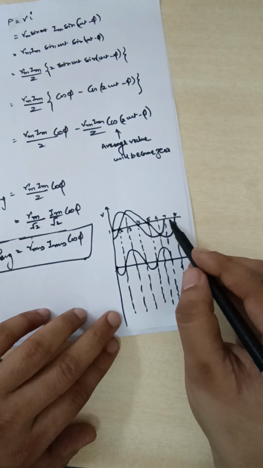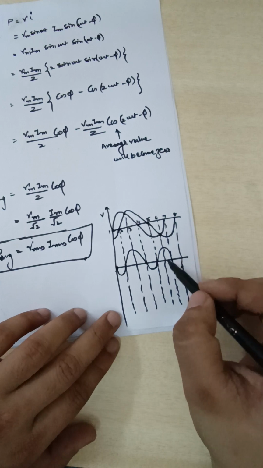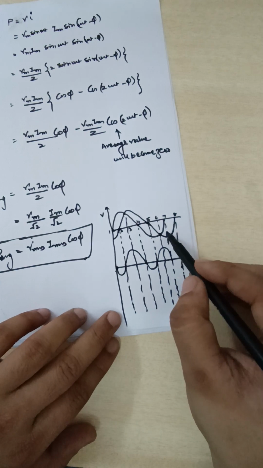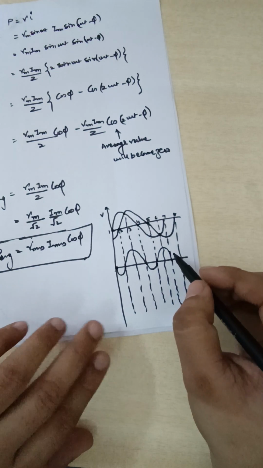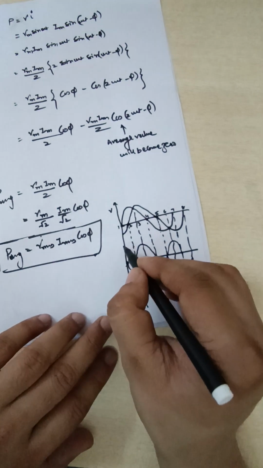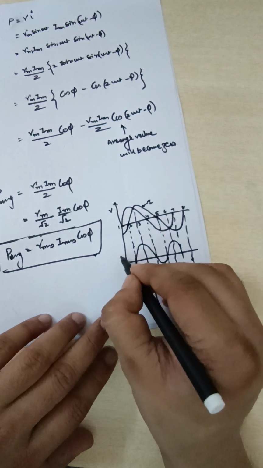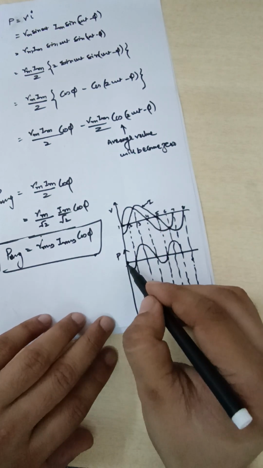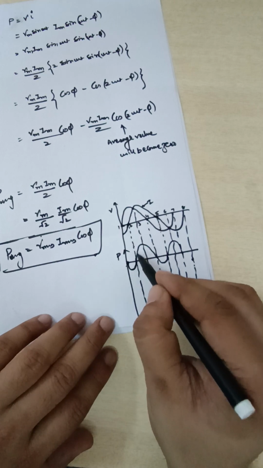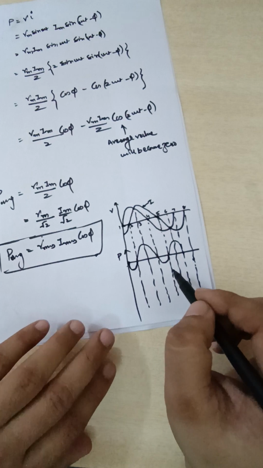And between this instant 7 to 8, so this will be the scenario of power. This is current and this will be the power. So here you can see initially power was negative, then power is positive, then again power is negative, and again power is positive.